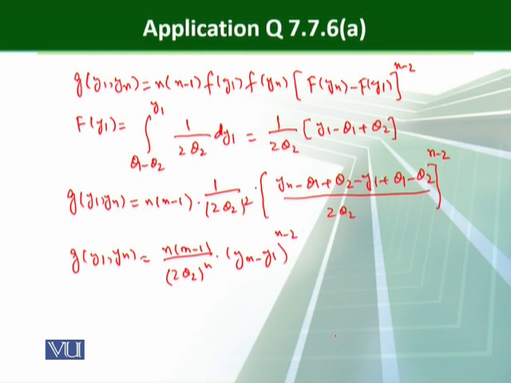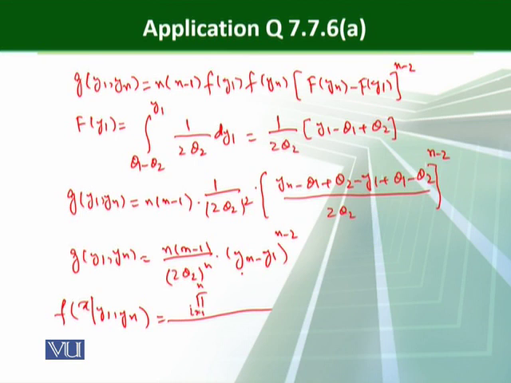Next we need to find the conditional distribution of the sample given Y1 and Yn. So the conditional distribution, f of x given y1, yn, is the product over i from 1 to n.